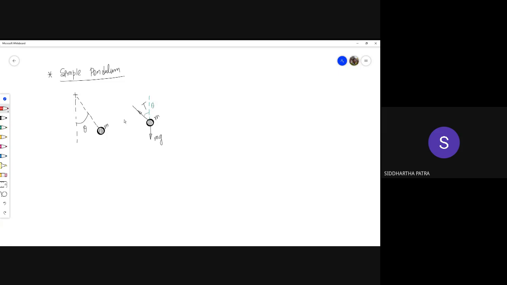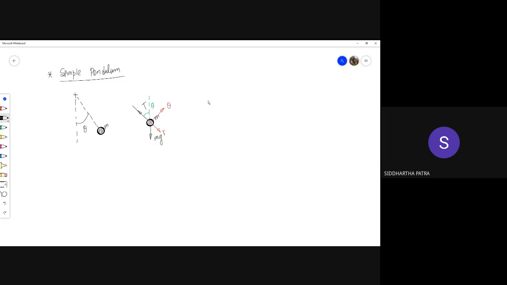Now, if we define two axes, one is the radial direction, and the other one, normal to that, is the theta direction.